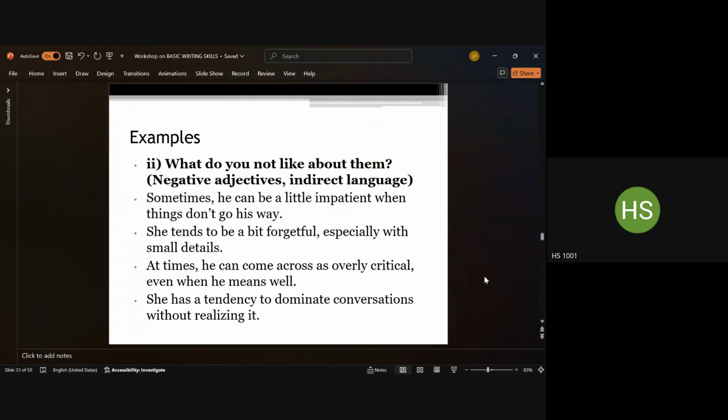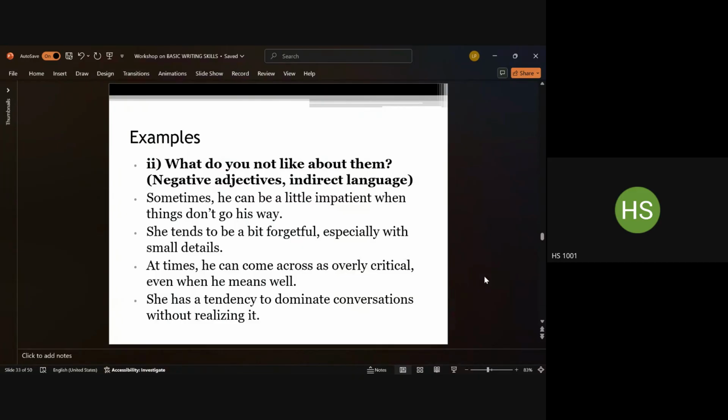Okay. So she tends to be a bit forgetful, especially with small details. That's another way of saying that someone often forgets things. So maybe the problem is that they often forget things, but indirect language will not mention it that way. It will still try to put it in a way that it is less consequential, right?